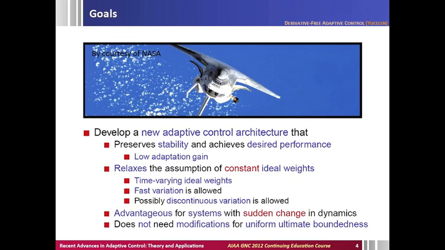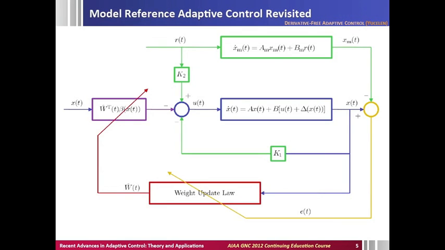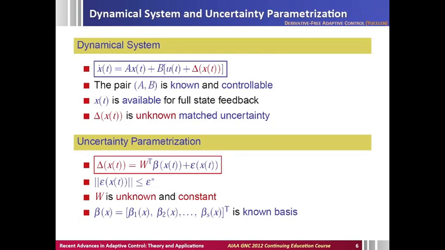Okay, now, I need to make a point clear. We can still add modifications for improving robustness, but for uniform ultimate boundedness, we don't need modifications. So we mainly talk about the system, uncertainty, ideal reference model, nominal controller, weight update law, and adaptive control signal.